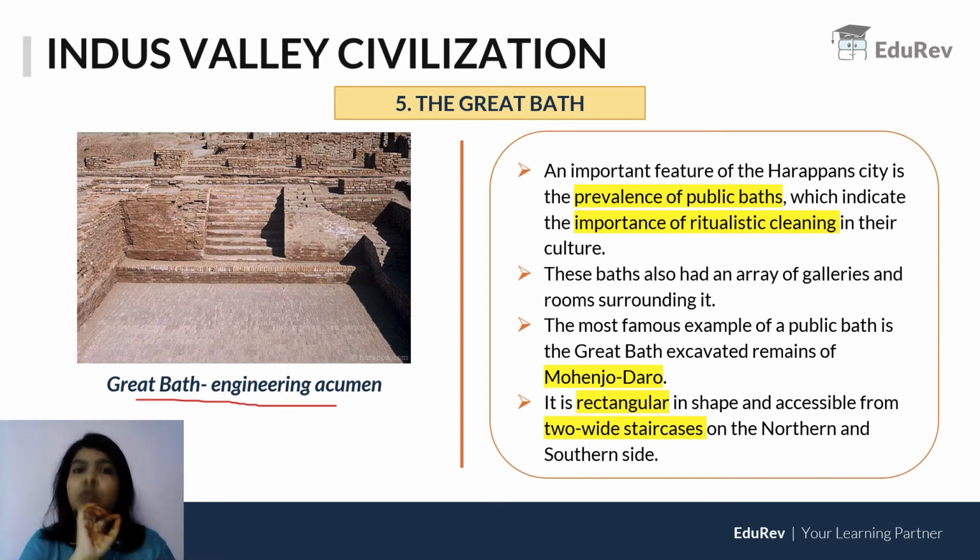It is so perfectly crafted that people are still in awe of such a structure. And the most famous example of the Great Bath is the one that is found in Mohenjo-daro. So the picture here shows the Great Bath found in Mohenjo-daro, and it is rectangular in shape.